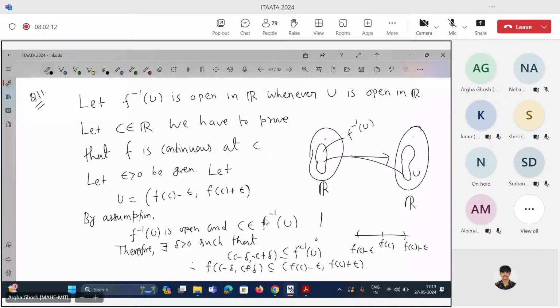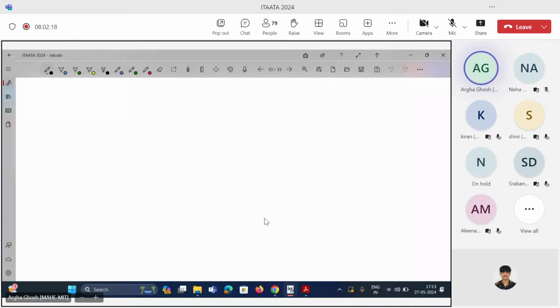So let's say if it is continuous, you have to prove that the pre-image of an open set is open. So that means you have to show that each point is an interior point. Okay. So conversely, I'll do it fast.